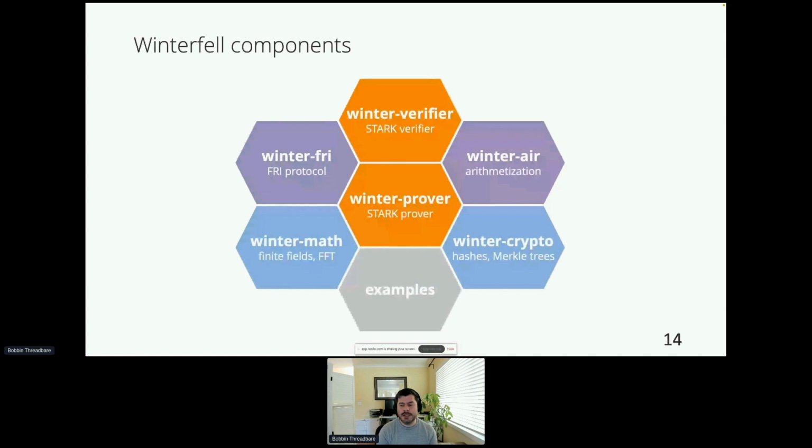And then we also have a fairly extensive crate, which has a bunch of examples of how you can use Winterfell to build proofs, from something as simple as a Fibonacci sequence to something as complicated as verifying thousands of Lamport signatures, for example. Or proving that you verified thousands of Lamport signatures. So there are a lot of things that you can learn just by looking at the examples there.